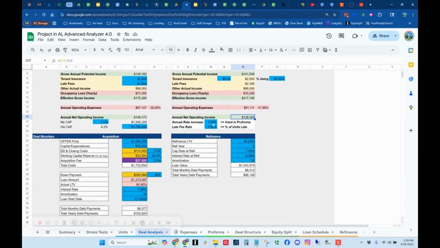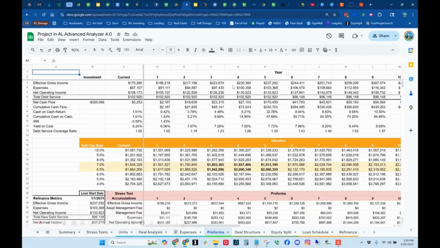So now down here, this blue cell here is used in the pro forma page for your annual rate increase. So that percentage is used over on this pro forma page to calculate all these increases starting in year 3.